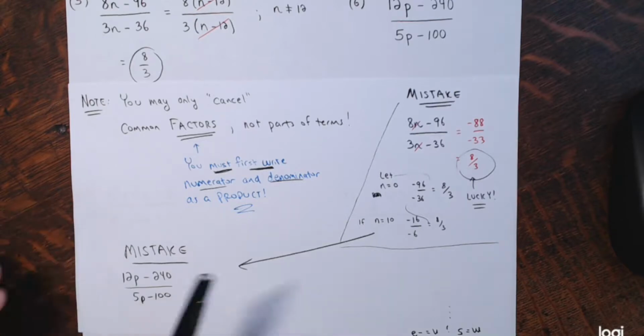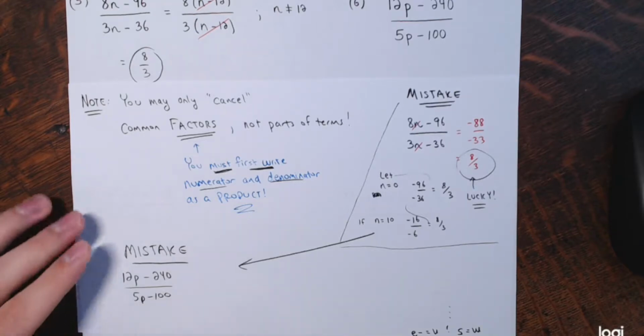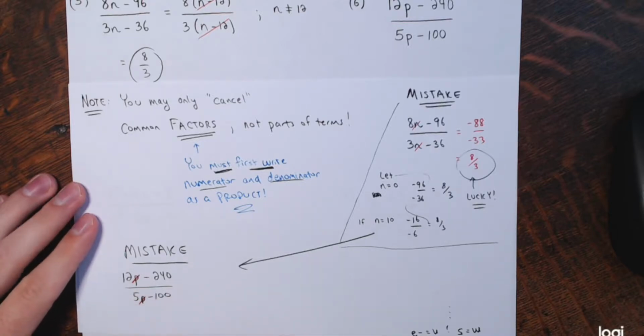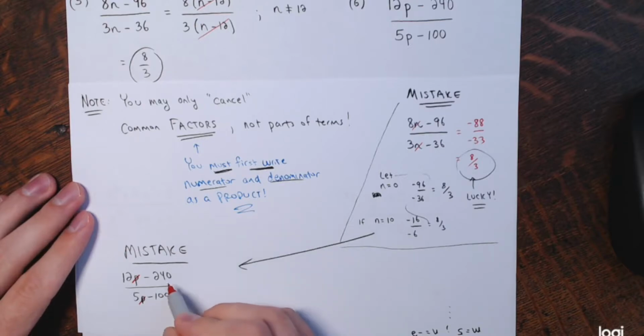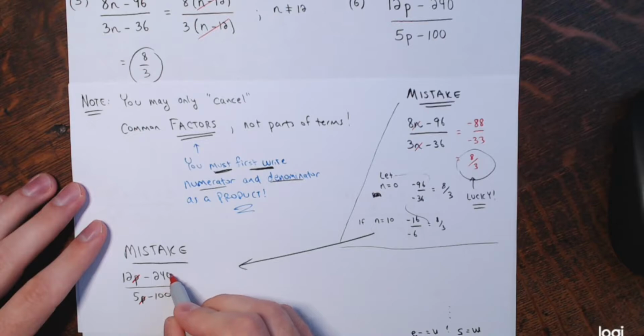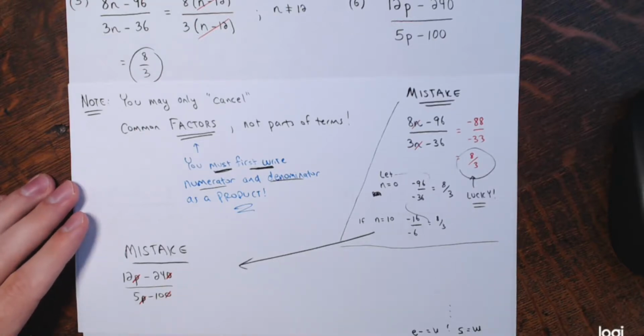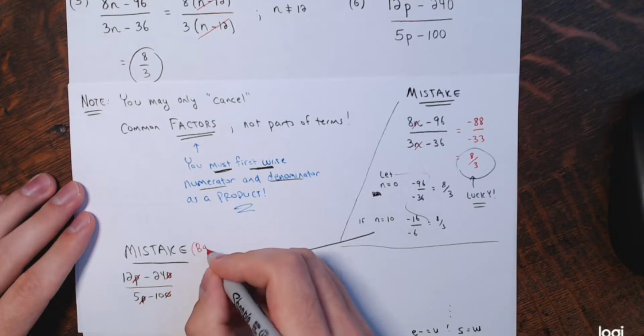Again, something I'll see people too often do. Like, oh, there's p here, there's p there, right? And then something else, so oh, 240 and 100, those have a common factor of 10, so they'll cancel the 10s too, you know? Again, this is bad canceling.